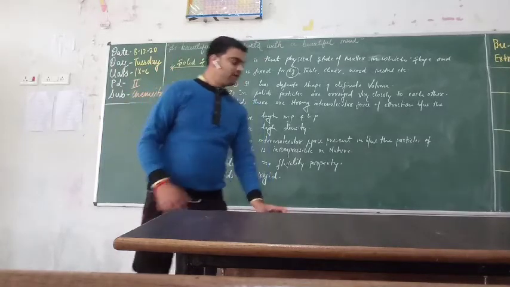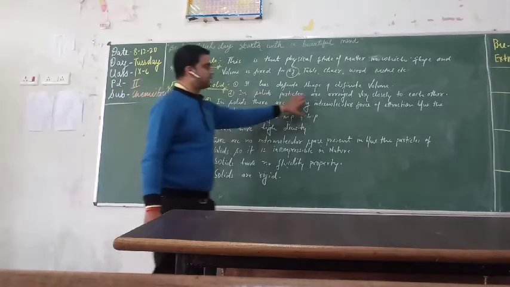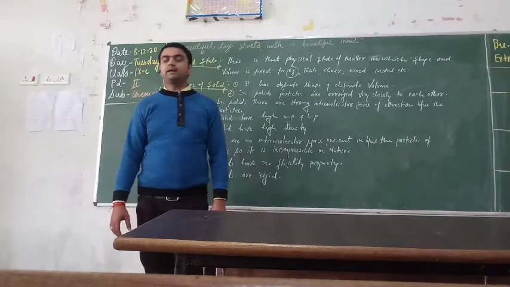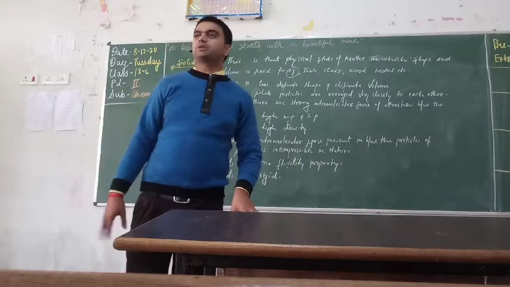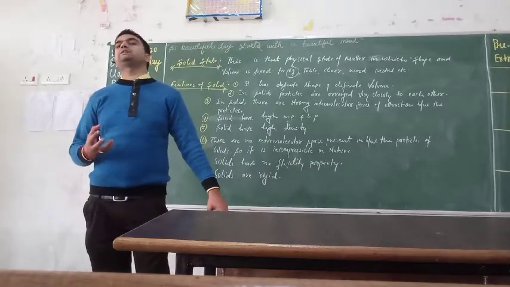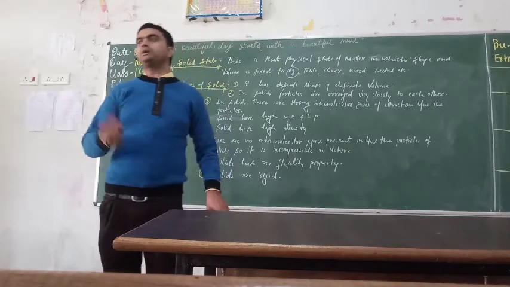Second point, a very important line: in solids the particles are arranged very closely to each other. Clear? When we talk about any solids or any examples of the solid, we will say that the particles present in the solid are arranged very closely to each other.